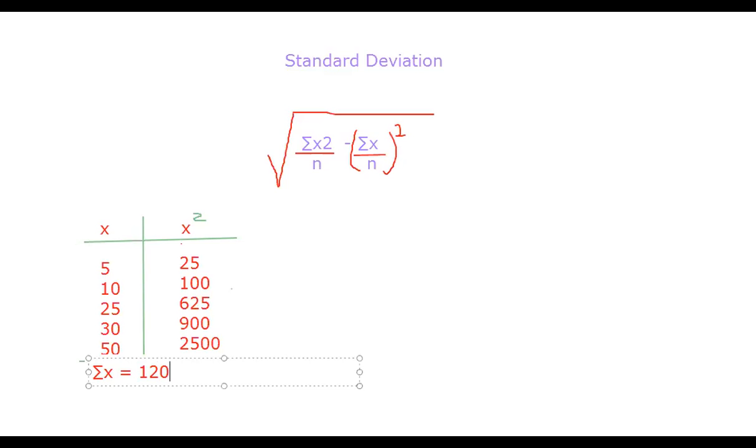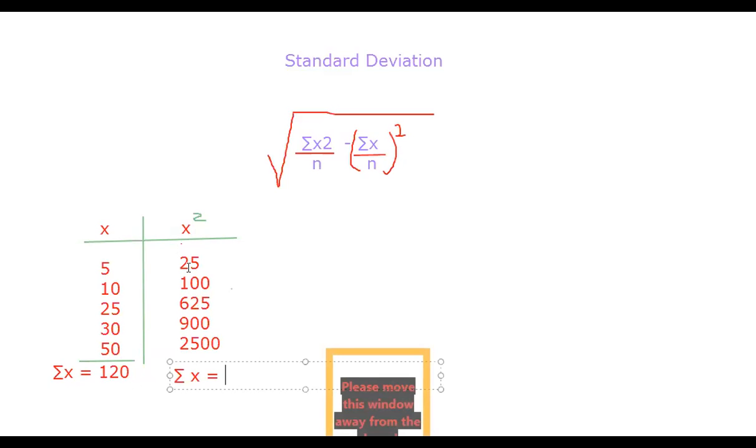Now we need to identify sigma x square, which is the sum of the x square values. Are you all totaling? Are you all with me, guys? 4,150 will be our sigma x square value.